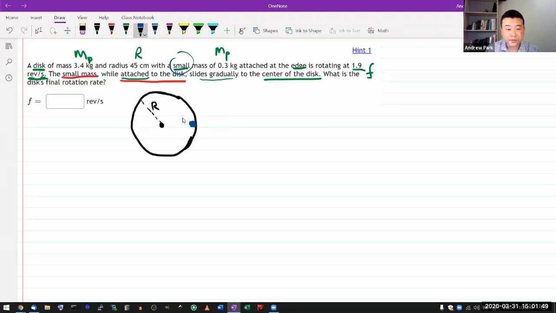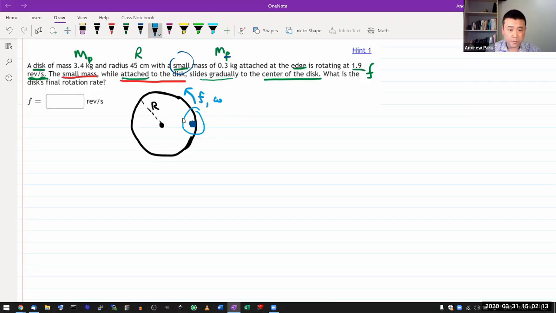I'm treating this mass as so small that I can treat it like a point mass. And these are rotating together at some frequency, f, or you might be characterizing it with the angular frequency. Either is fine. Just make sure of how you're doing it.